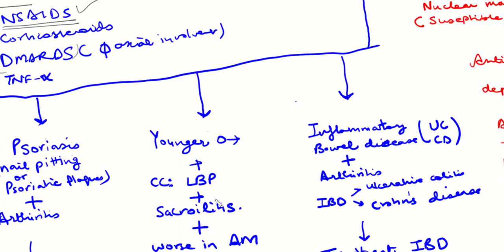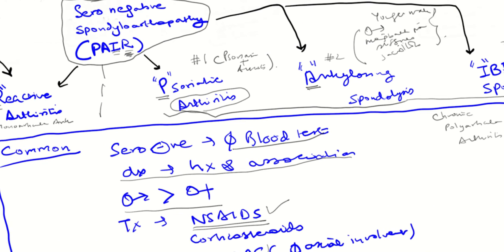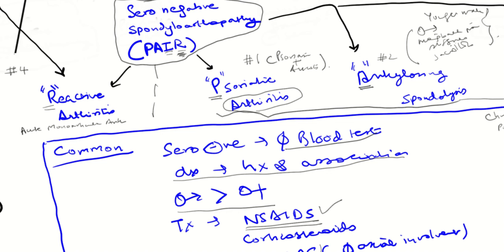Perfect? So, in summary, seronegative spondyloarthropathies. You have the pair: psoriatic arthritis, ankylosing spondylitis, IBD spondylitis, and reactive arthritis. Out of these, psoriatic, ankylosing, and IBD are chronic inflammatory arthritis that are usually polyarticular.